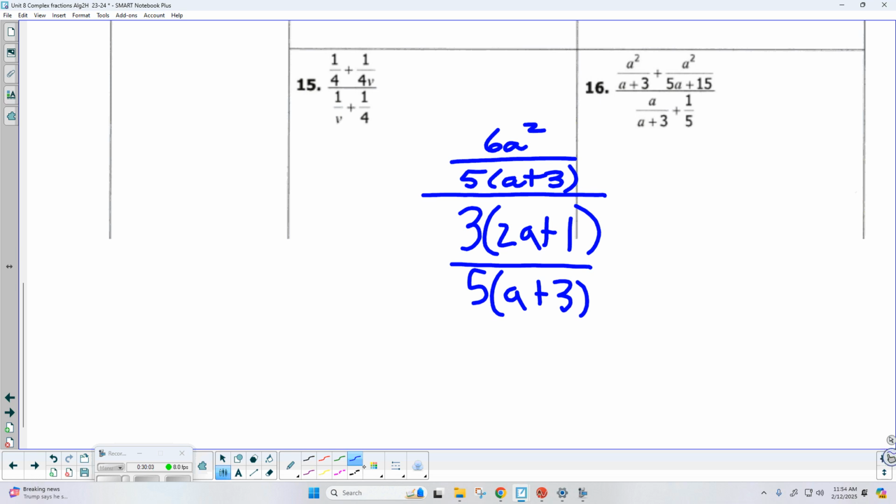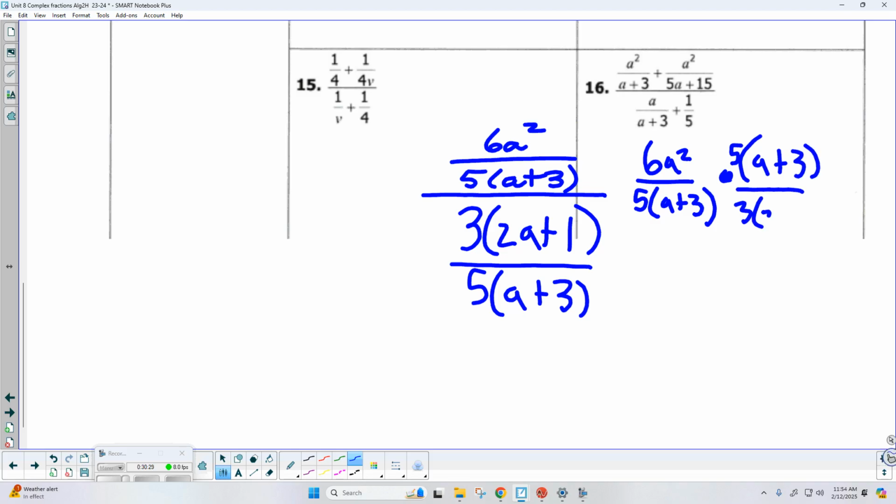That means we have 6a squared over 5 times a plus 3. And then you multiply it, and then you flip it, so it's 5 times a plus 3 over 3 times 2a plus 1. So what should we cross out?